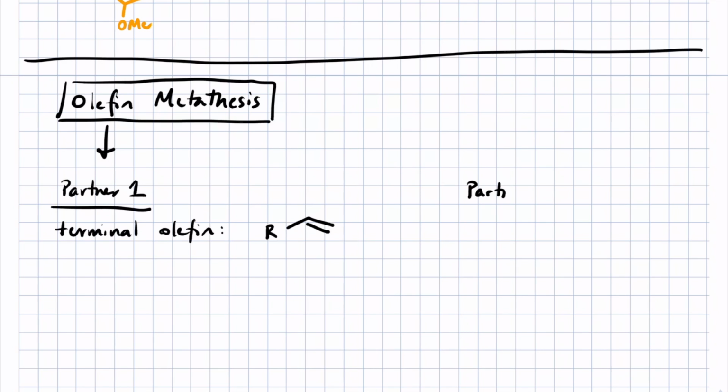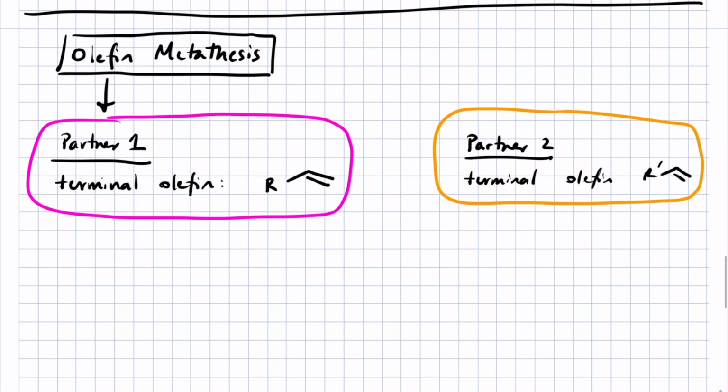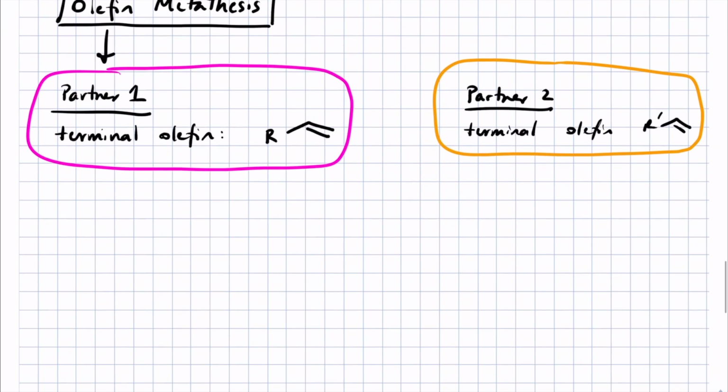And partner 2 is also a terminal olefin, something like this. And the catalyst, there's different versions. There's a molybdenum catalyst. There's a ruthenium catalyst that's sort of been pioneered by Professor Grubbs.